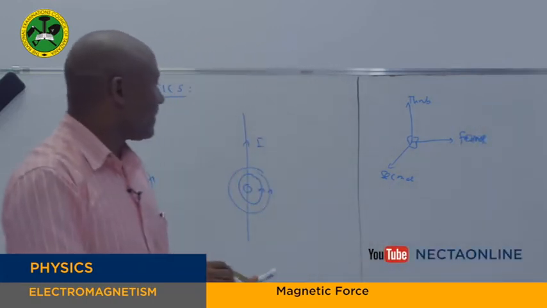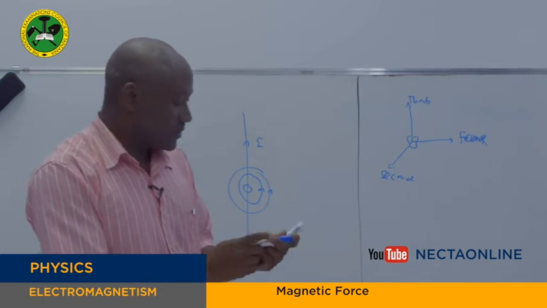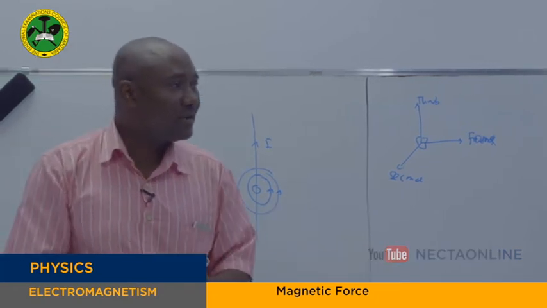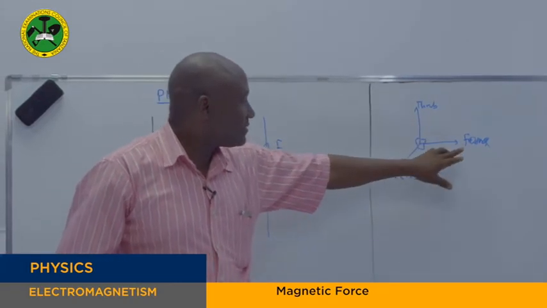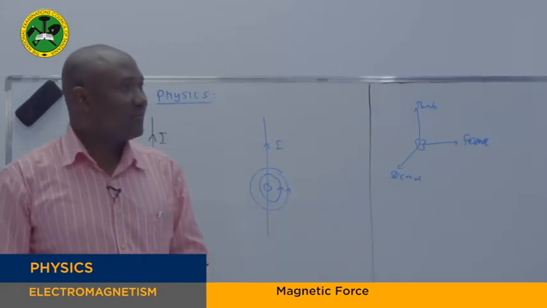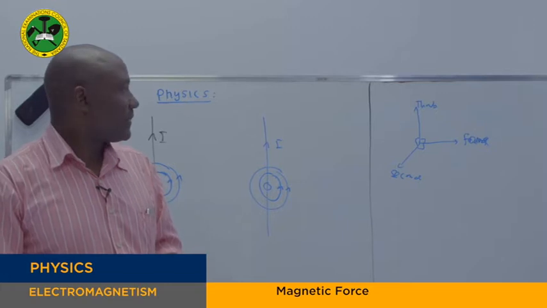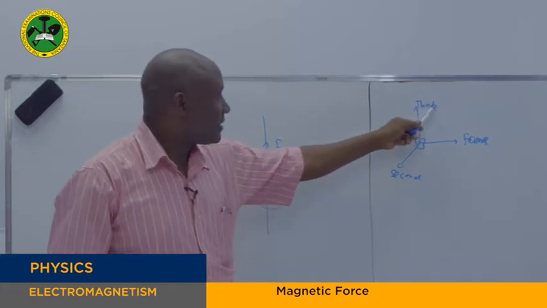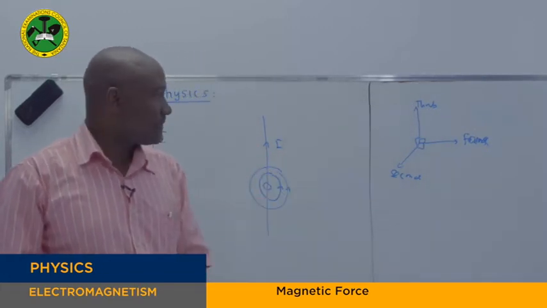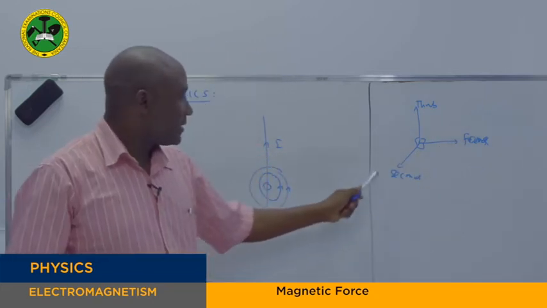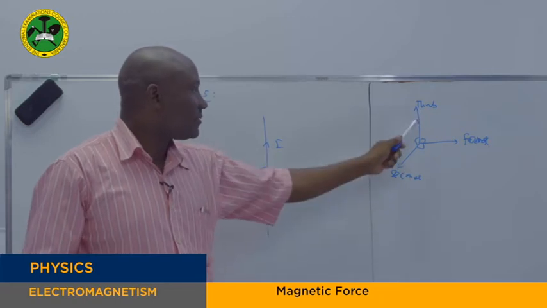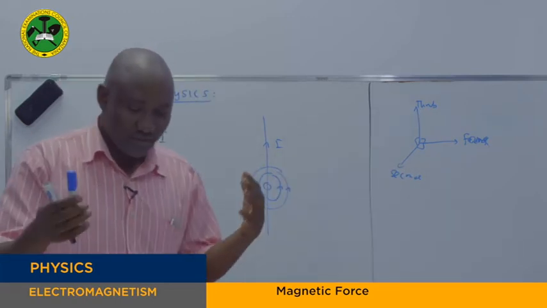This is the second finger. That is the thumb. So the physical quantities of Fleming's left hand are the three quantities: the field, the current, and the force. The thumb is used to give us the direction of the force. When the direction of the magnetic field is known and the direction of the current is known, you can find the direction in which the force will be acting.